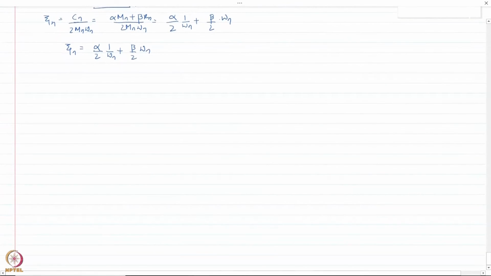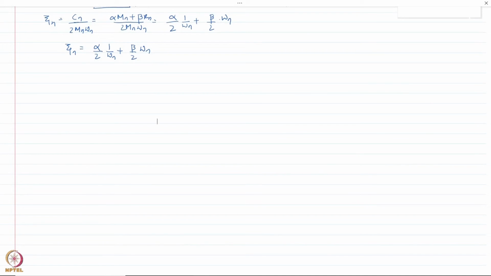Now we know that we have two unknown constants, alpha and beta, so we need two equations. So now we need a specification or assumption of damping for two of the modes. Either we can assume it based on some experimental evidence, or we can just assign some values which represent a representative value of the actual damping in the system.